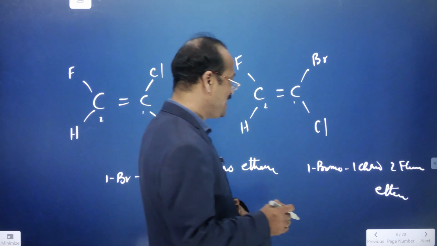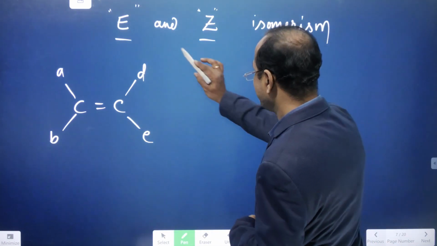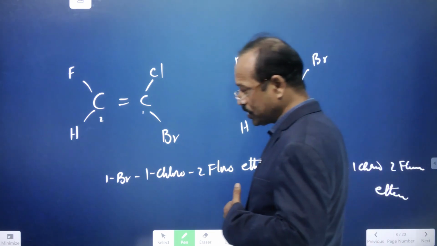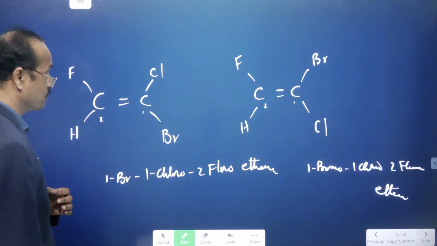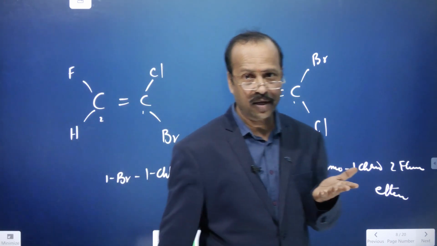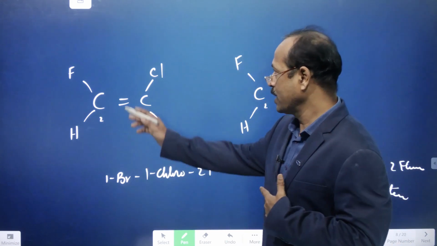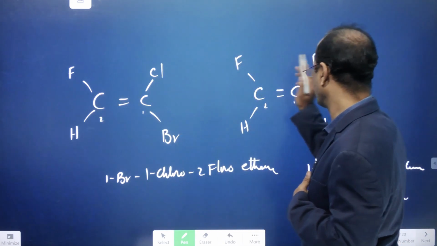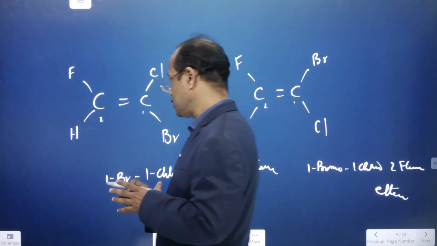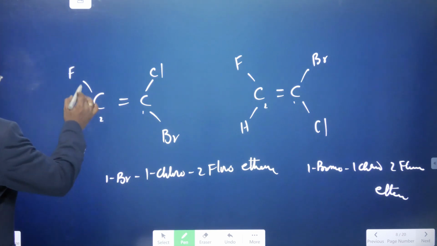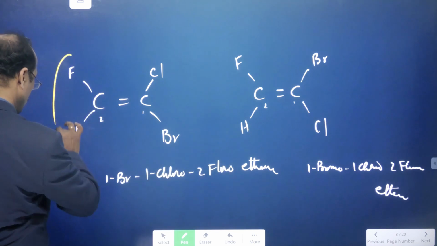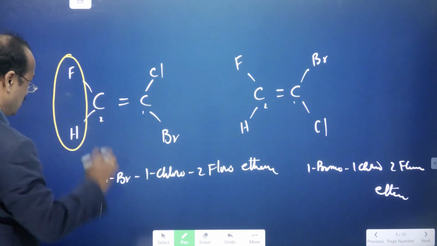We use EZ notation. If four different substituents are there, like hydrogen, fluorine, chlorine, bromine, then we look at this carbon, where fluorine and hydrogen are attached.